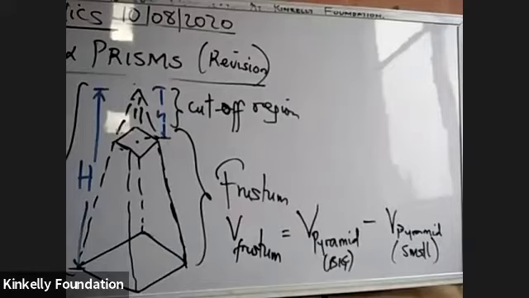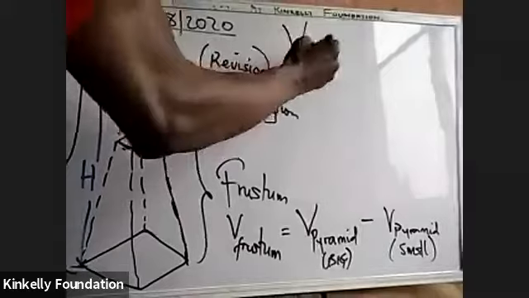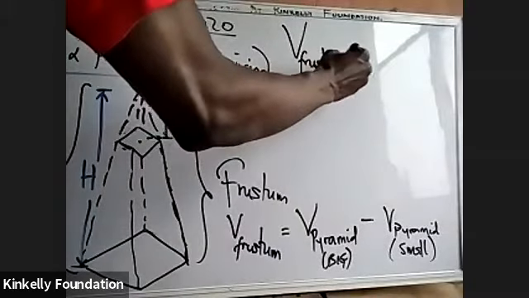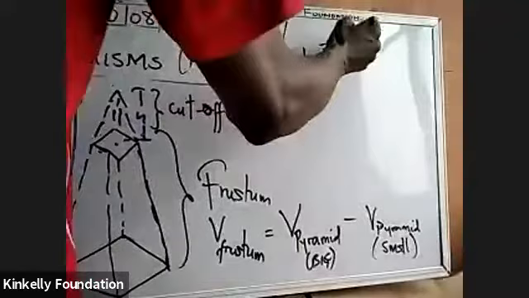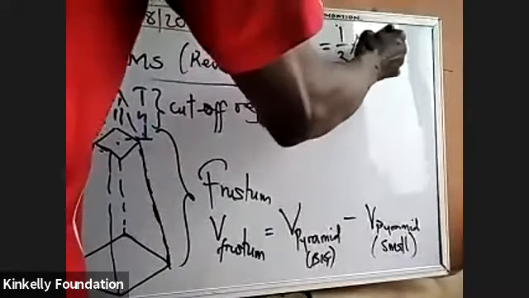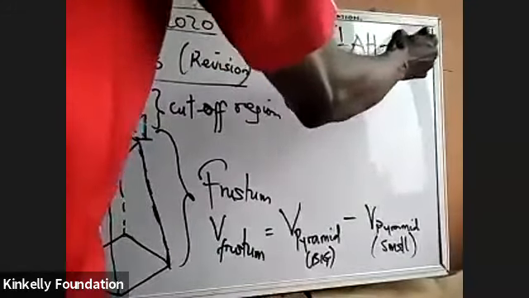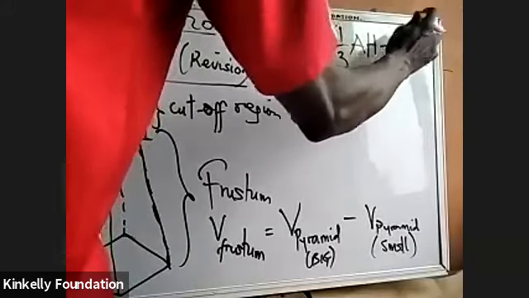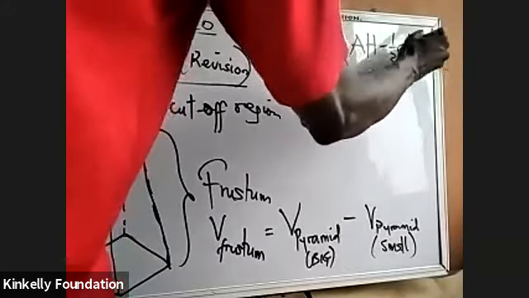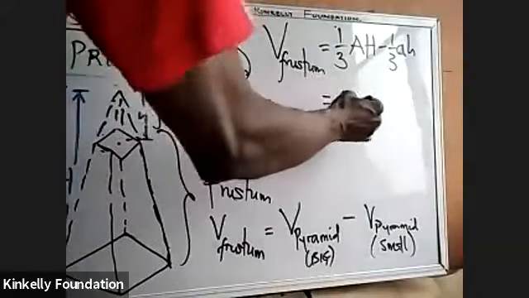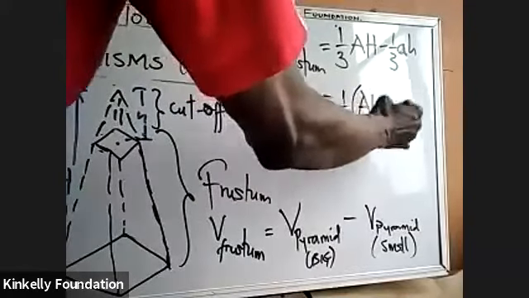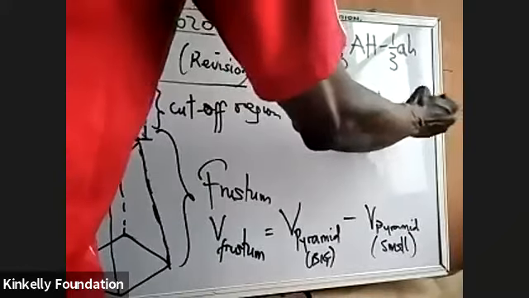For the frustum, the volume of the first one will be 1/3 cross sectional area A times the height H, minus 1/3 cross sectional area small a times small h.